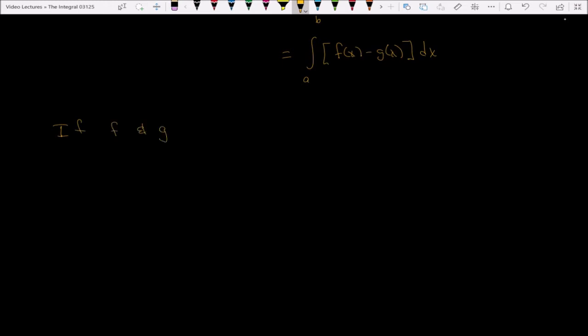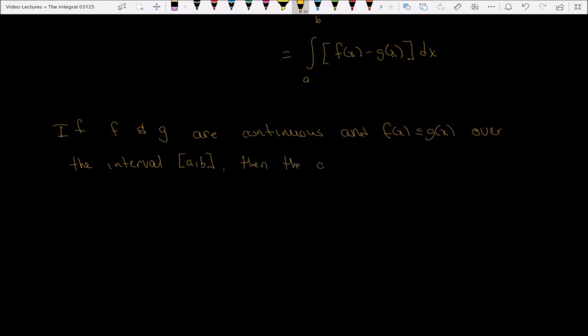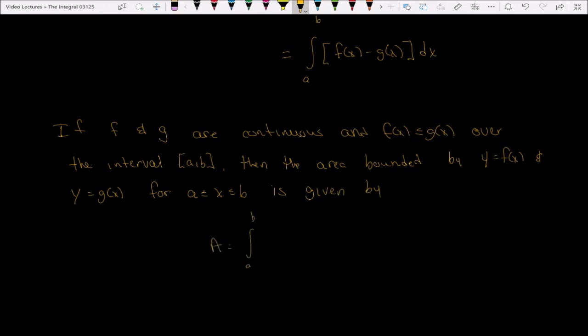If f and g are both continuous functions, and f of x is greater than or equal to g of x over the interval a to b, then the area that is bounded by the curve y equals f of x and the curve y equals g of x over that interval is given by area equals the integral from a to b, f of x minus g of x dx.